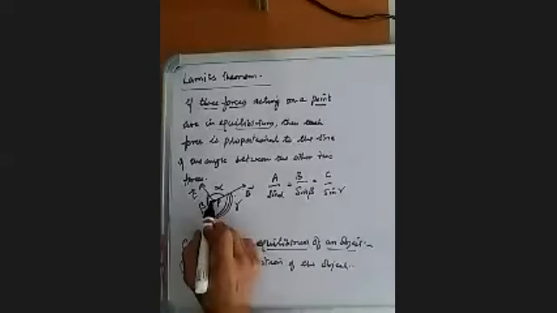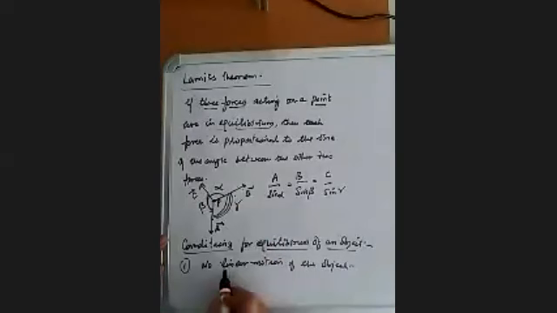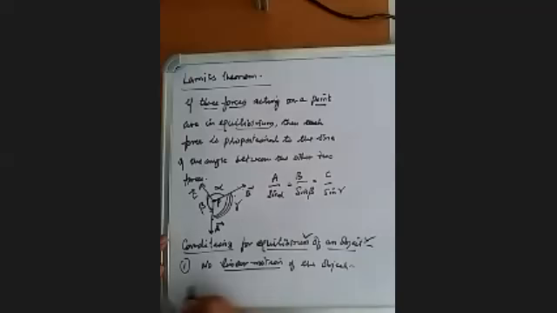For example, this is the object at P. Three forces are acting, but still the object at point P remains at P. So it is not moving linearly. There is no linear motion of the object. And we say that the object is in equilibrium.